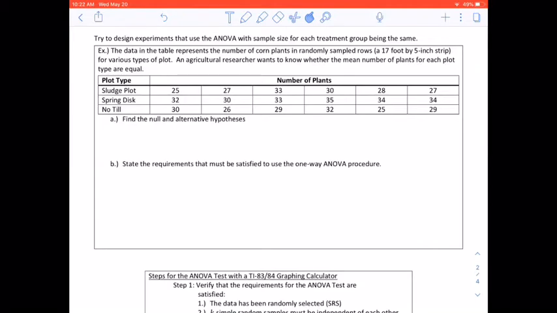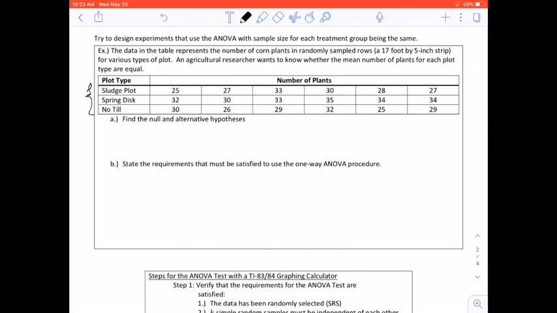So the example says the data in the table represents the number of corn plants in randomly sampled rows, a 17-foot by 5-inch strip, for various types of plot. An agricultural researcher wants to know whether the mean number of plants for each plot type are equal. First of all, you'll notice that we have three different plot types.